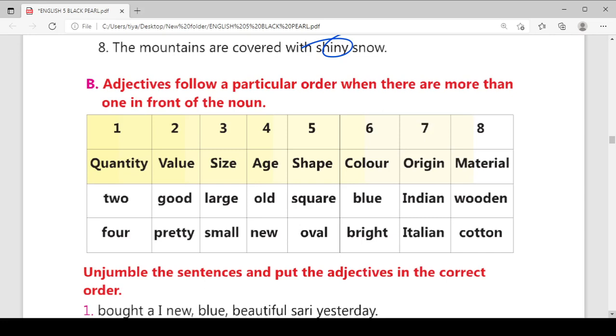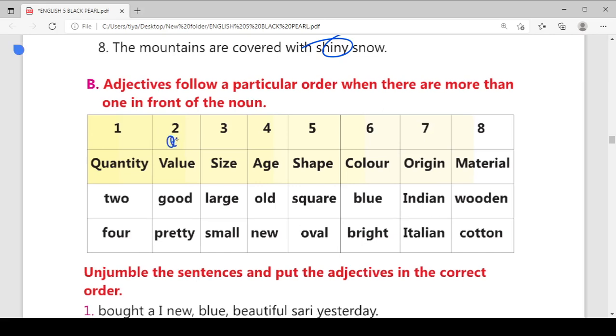Or you can make the mnemonic for this. Okay, like QVSAS.com.